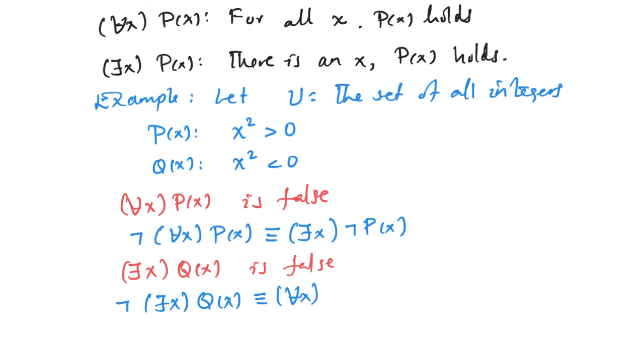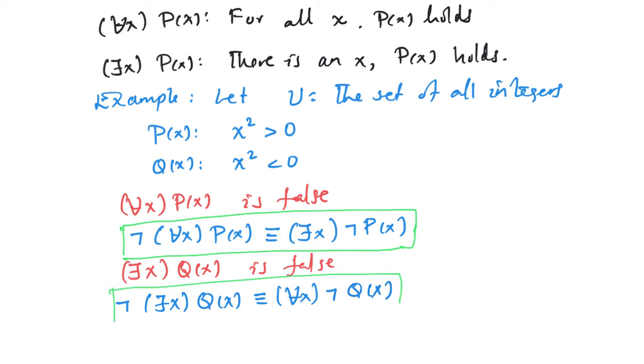Therefore, these two statements can be used as rules to establish the relationship between existential and universal quantifiers. So this is how we relate existential and universal quantifiers when we apply negation over each of them.